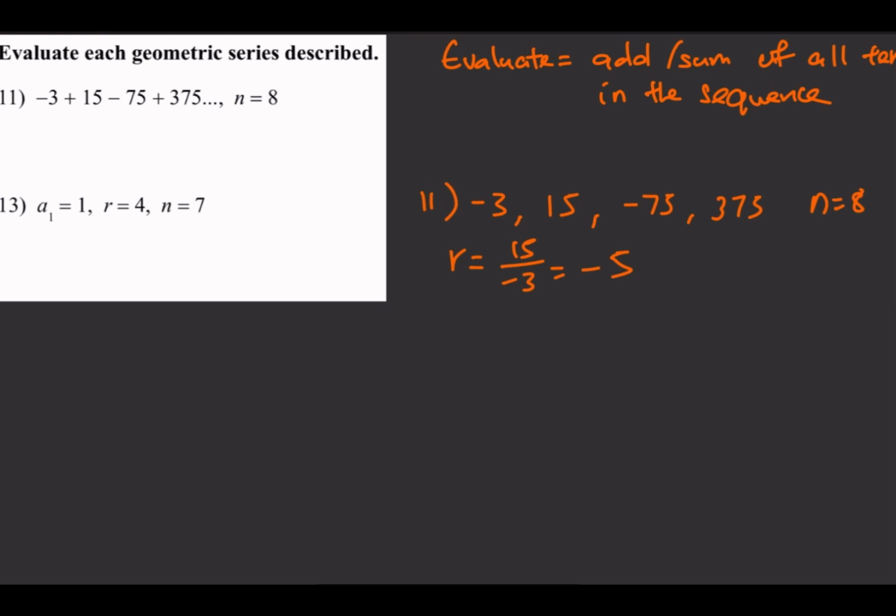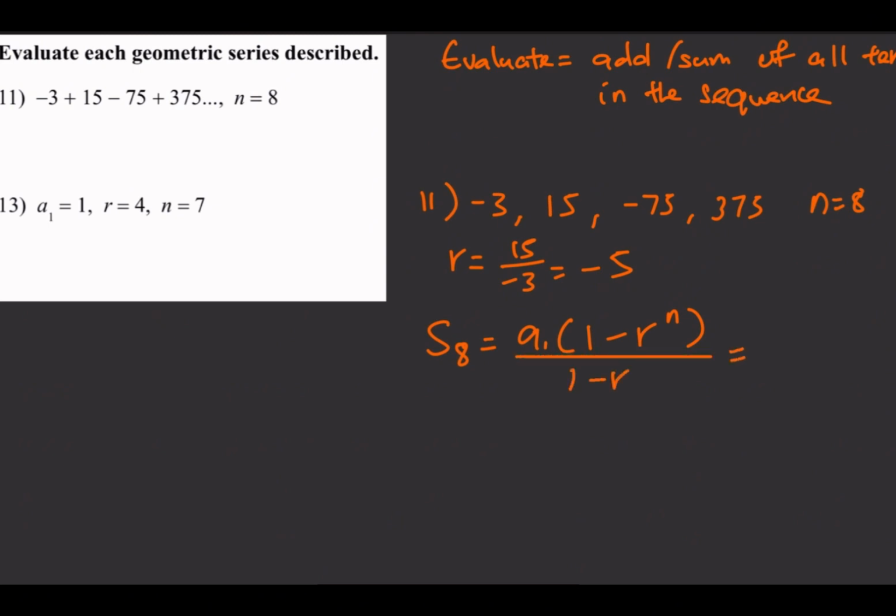And then remember that our formula for the sum of a number of terms. So the sum of the 8 terms, because n is 8, equals A1 times 1 minus r to the power of n, divided by 1 minus r.